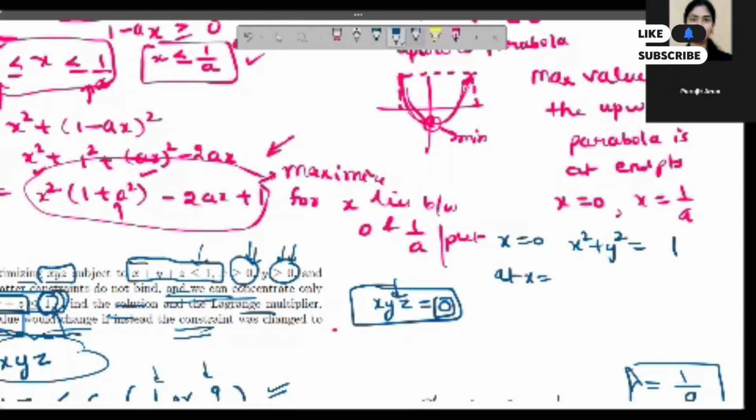At x equals 1 by a, it's an equation I'll solve. 1 upon a square.